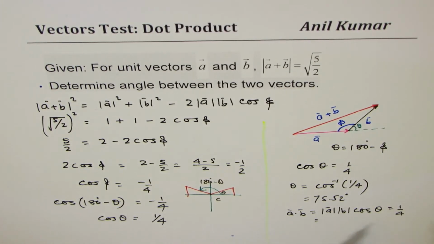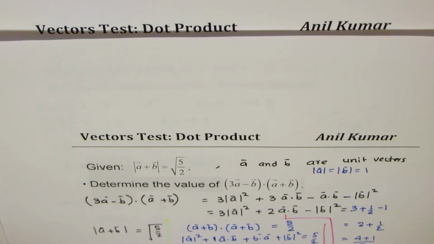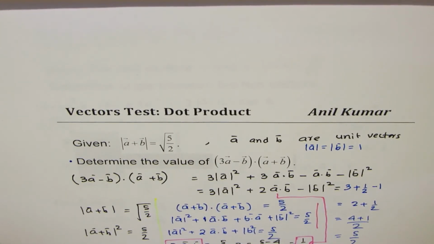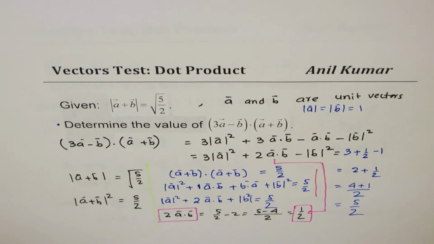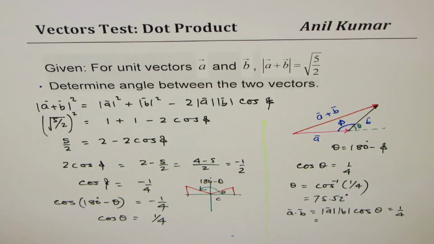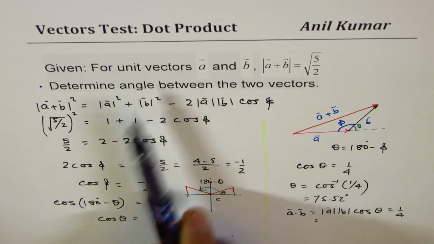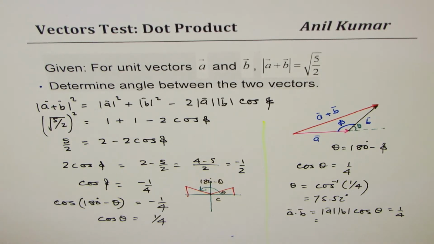And that value could be used in the example which we had, where we used the dot product concepts to figure it out. So I hope that makes a good connection, correct? So at times you may find all this and then do the second part, or if this is not given to you, you can go direct as we did. But I hope it helps you to understand dot products better.